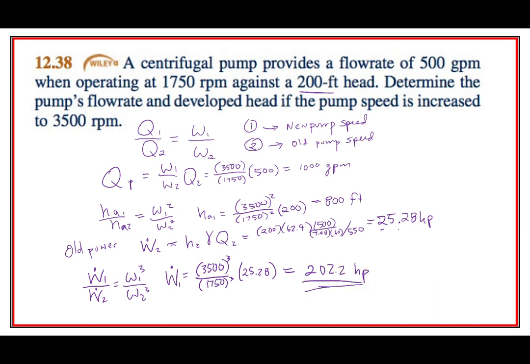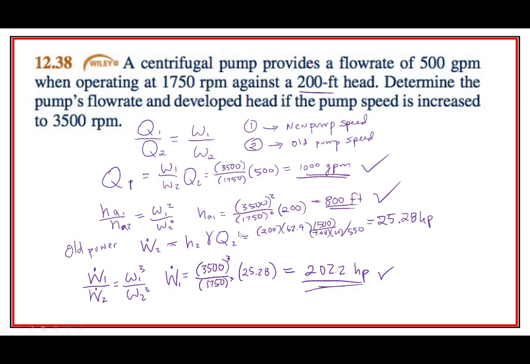All right, so we want to determine the pump's flow rate, head, and I went ahead and got the power. We could have just used the new head and the new flow rate and gotten that same power, by the way. But this is just to demonstrate that we could use the affinity laws.